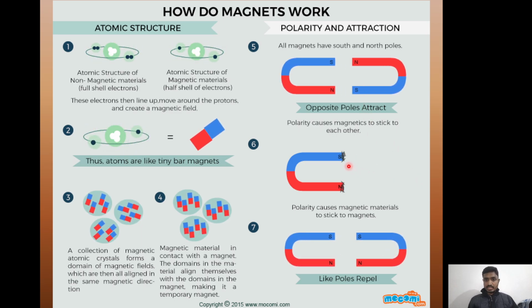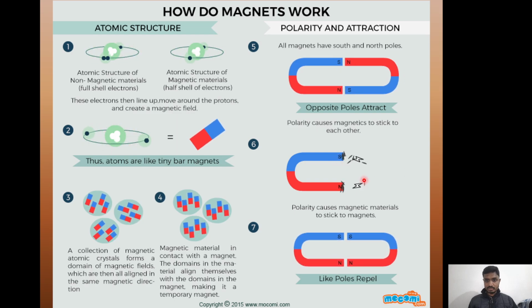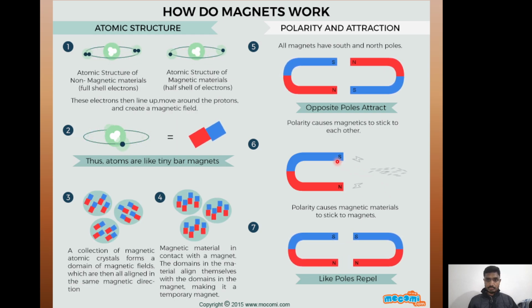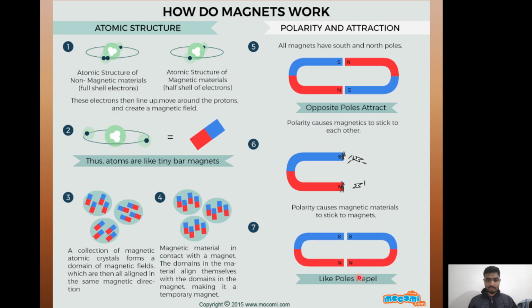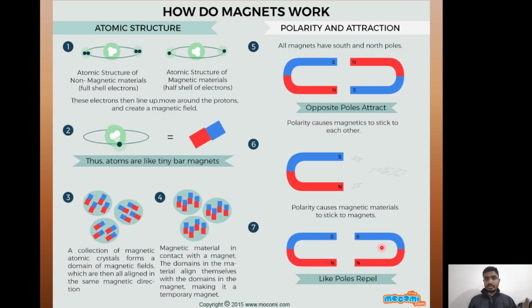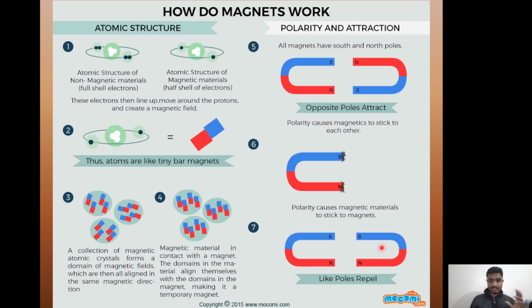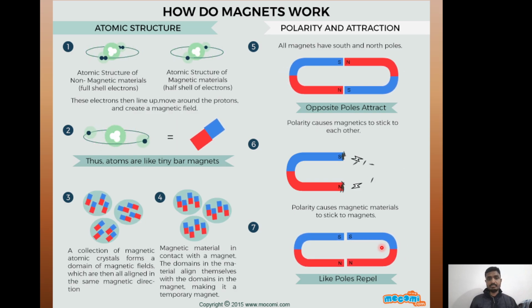And this polarity would actually cause the magnetic materials to stick, the south pole and the north pole. So, opposite poles would attract and like poles would actually repel. So, south pole would repel south pole, and north pole would repel north pole. Now, this is all the basic information about magnetism, the origin of magnetism in the material.